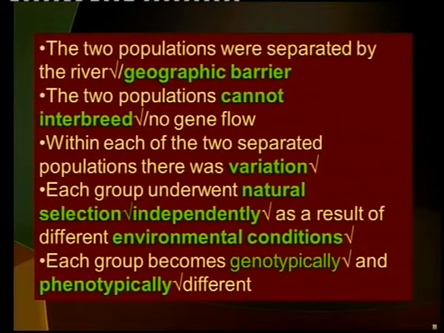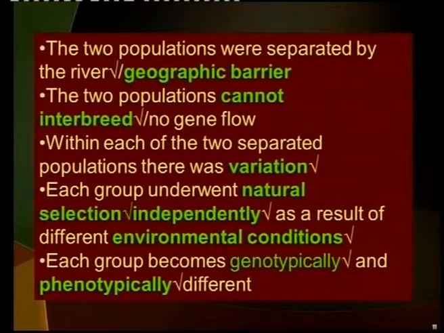In other words, number one, if you look at the bullets, there is a geographical barrier. That is very important. That prevents them, so as Gordon said, you have to say that the geographic barrier separates them or prevents them from interbreeding.